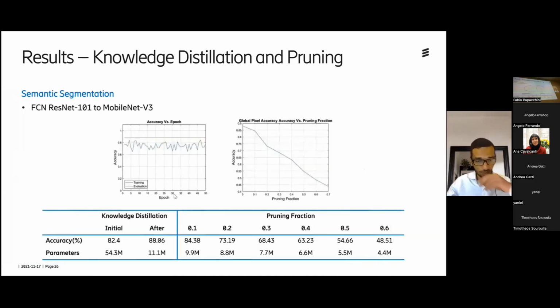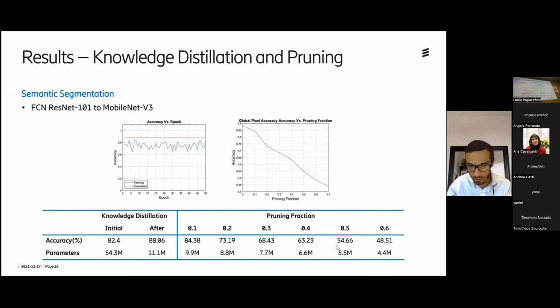And for the semantic segmentation, we noticed that we began with 54.3 million parameters, and if we prune the model more than 20%, the accuracy drop was increasing exponentially. So our results were: we had 85% accuracy with 10 million parameters, so we removed 44 million parameters and we had an accuracy increase.